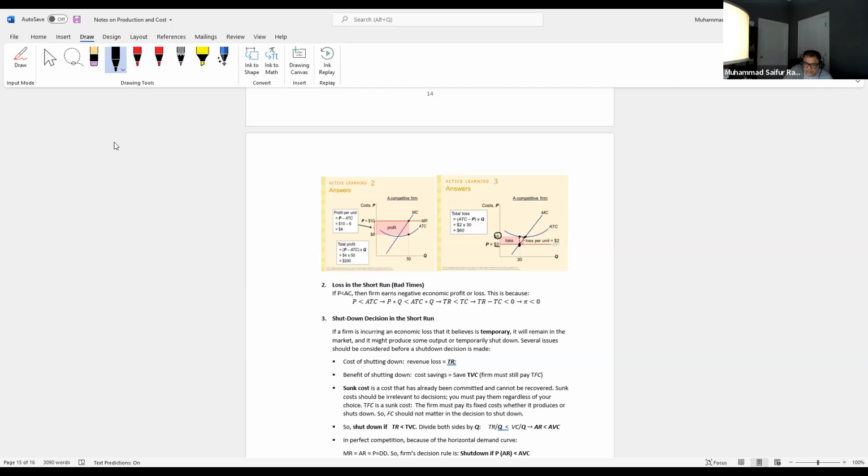So you can see clearly that this is a situation where price is smaller than average cost, and if price is smaller than average cost, you are going to get a loss.